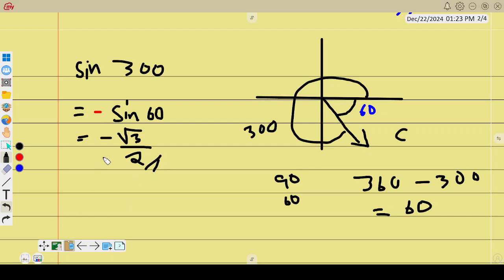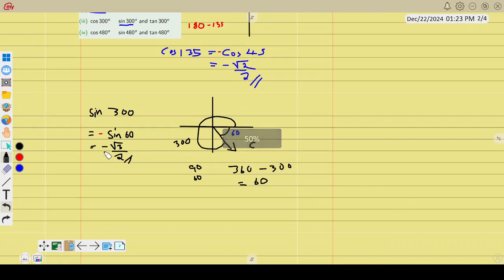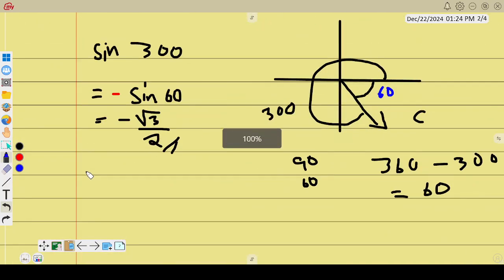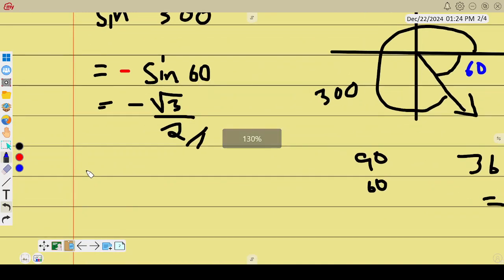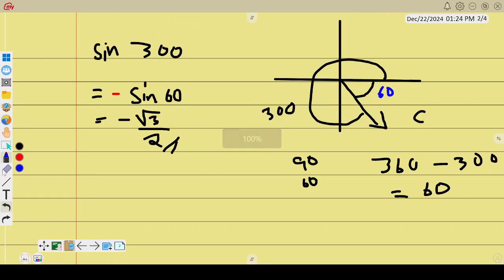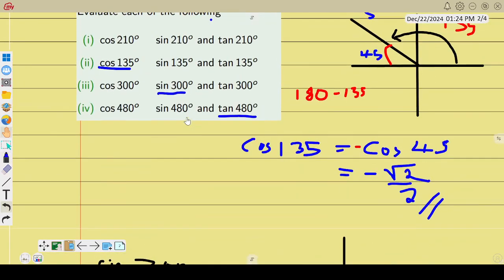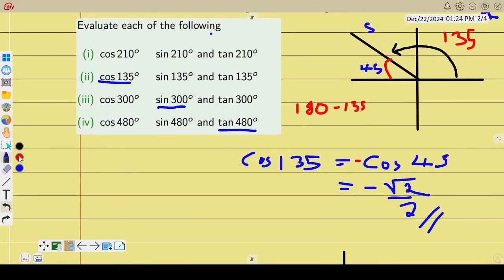We go to the last one. The last one there. So I'm now going to do tan. So I have 480. This is a very, very nice question. So let's do tan. Let me just show you here. I've shared.